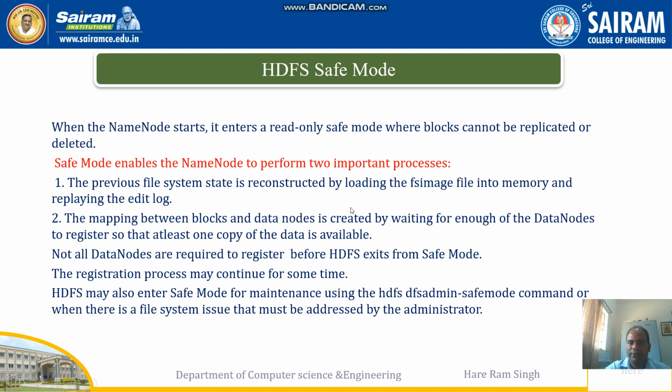Second, the mapping between blocks and data nodes is created by waiting for enough of the data nodes to register so that at least one copy of the data is available.